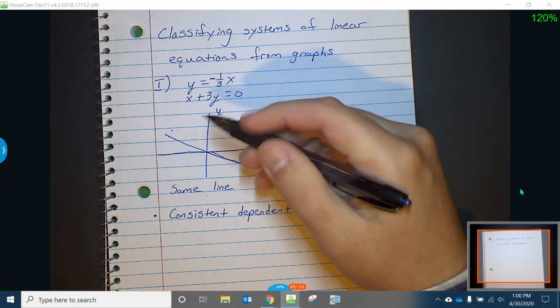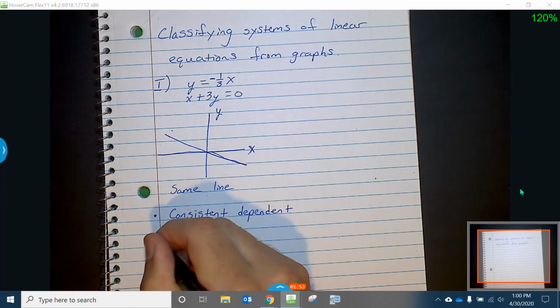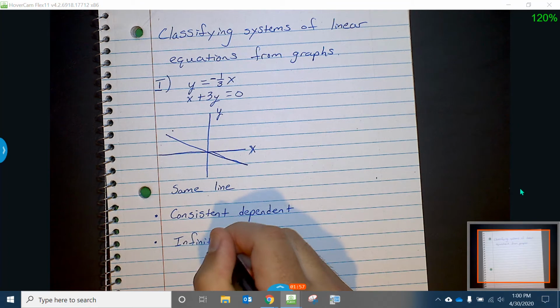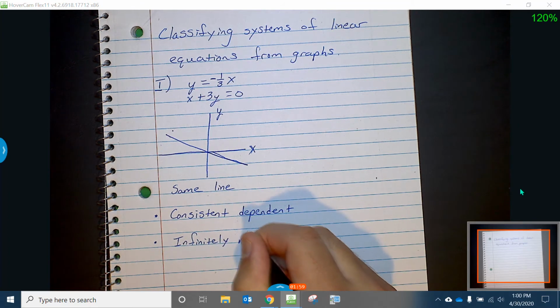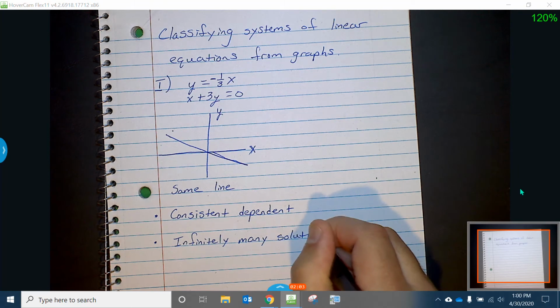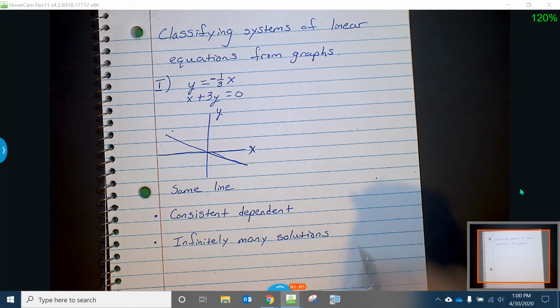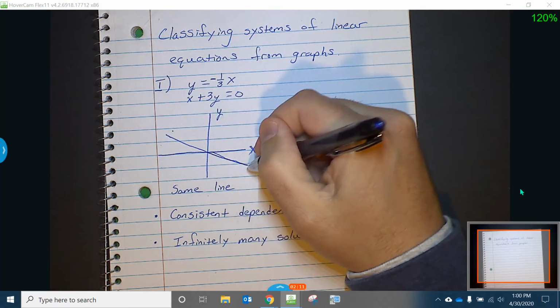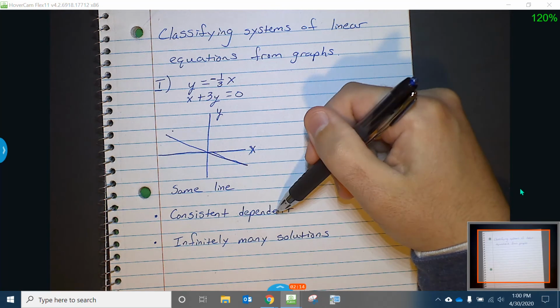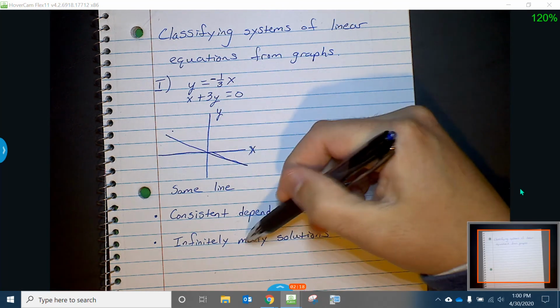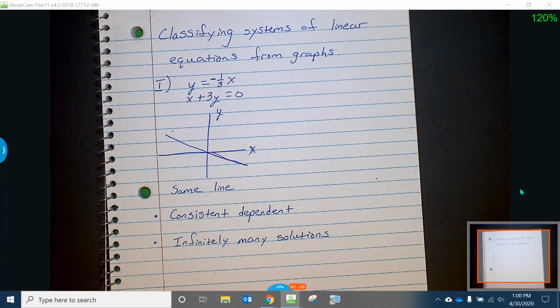So when you have two lines that are the same, we say there are infinitely many solutions. Okay, so two lines, it's the same line, it's consistent dependent, and all the points are touching, there's infinitely many solutions.